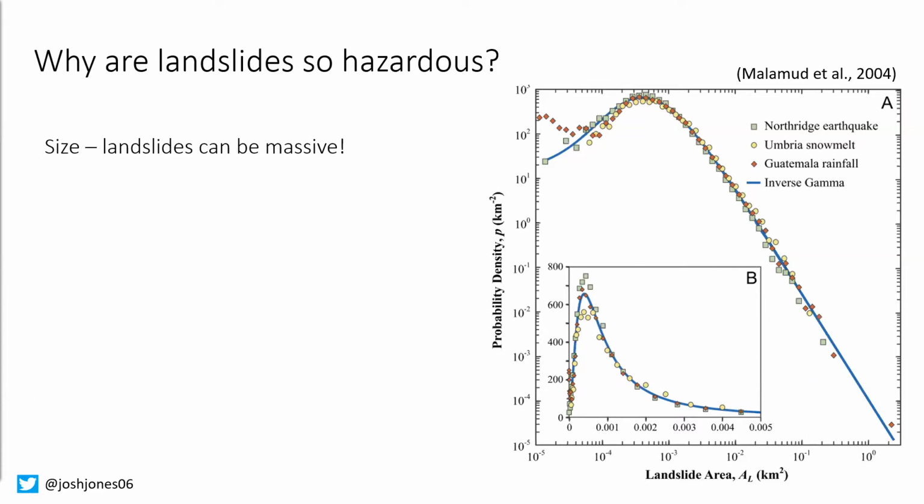The key thing to note is the x-axis, the bottom axis, which shows the areas that some of these landslides have covered. Now, this value here, this 10 to the 0, indicates that some landslides are up to 1 kilometer squared in size. Now, for reference, 1 kilometer squared is roughly 14 football pitches. So if you imagine 14 football pitches worth of earth and rock collapsing towards you, you'll get some idea of just how huge some landslides can be.